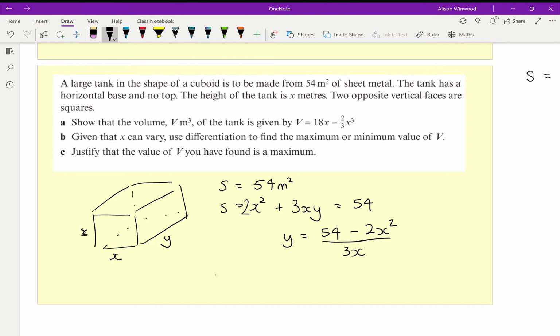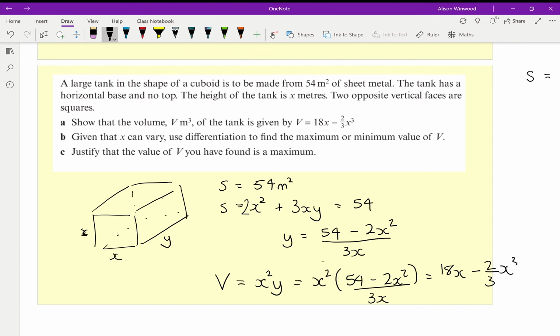We can then find the volume, because volume is length times width times height, so x squared times y, and we now know what y is. So I've got x squared times 54 subtract 2x squared all over 3x, which is 18x subtract 2 over 3 x cubed, as expected in the question.